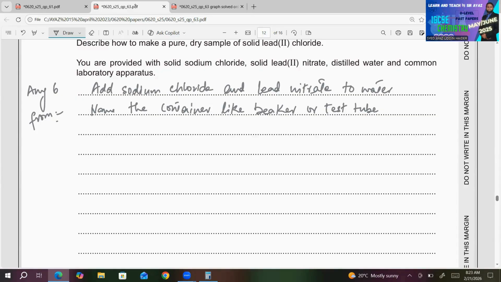Second, you can get mark for this if you write mix or shake to dissolve the contents. What else you do? You can even write mix the two reactants.